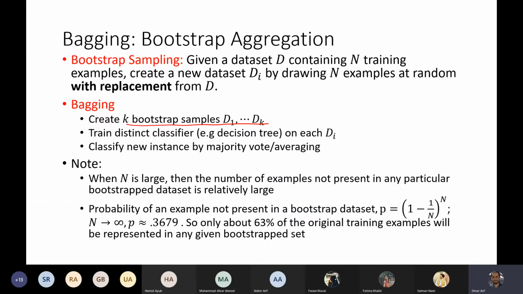Then finally, given a new test example, we make the prediction using averaging or majority voting, right? This was in the case of bagging.